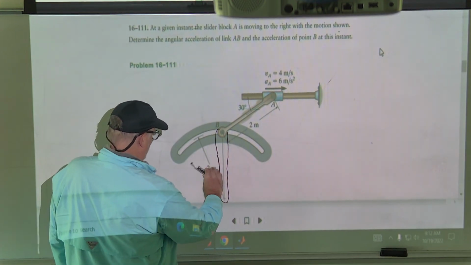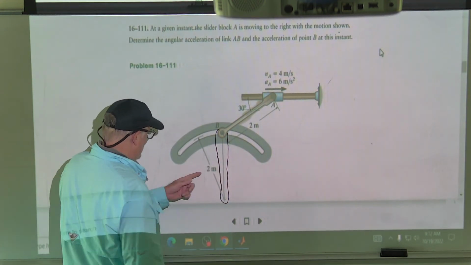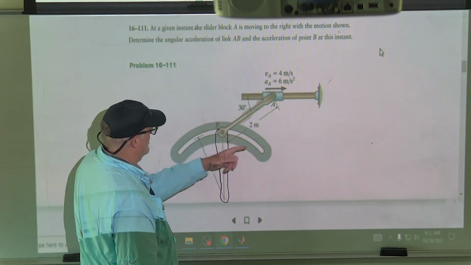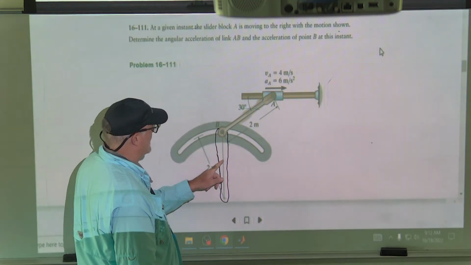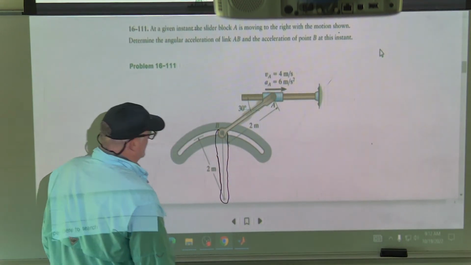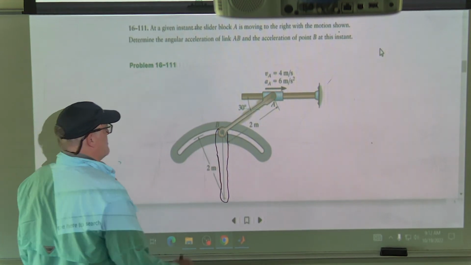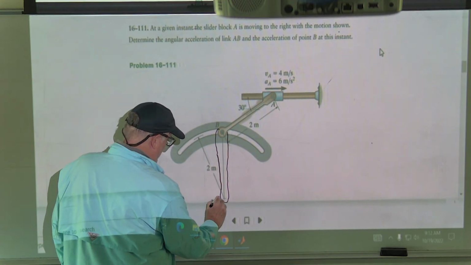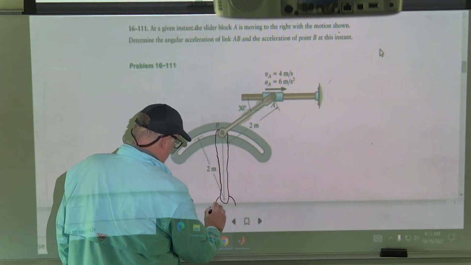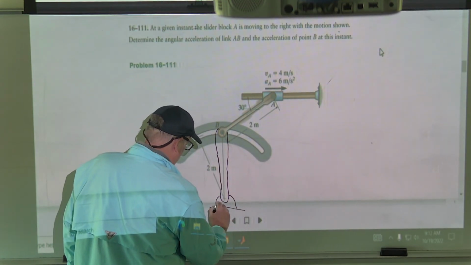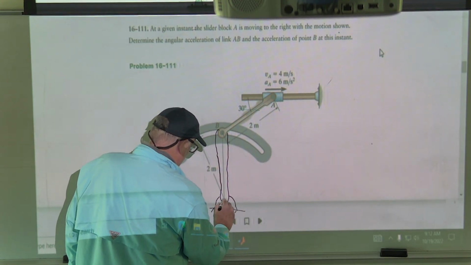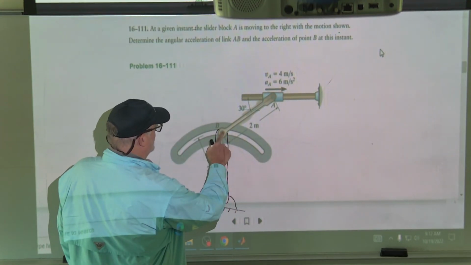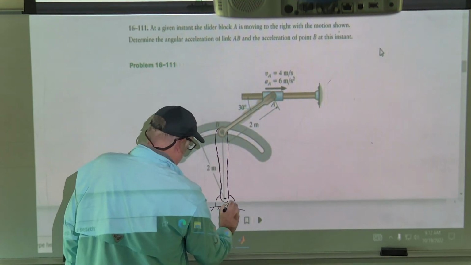In other words, this rocking back and forth, and it's 2 meters and it's an arc, so it's as if this is a link right there. There's a lot of problems like this. In this spot, that's labeled A, this is labeled B, so I'm going to label this point C.